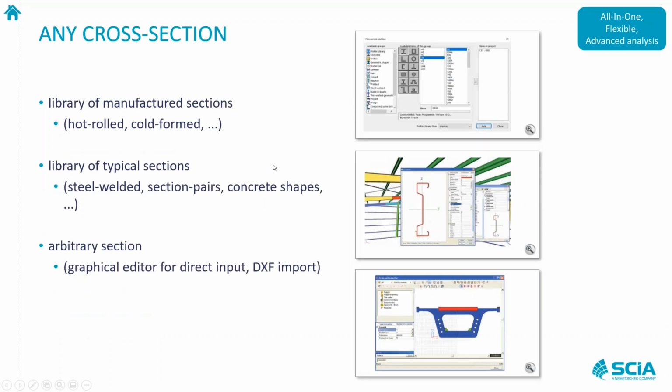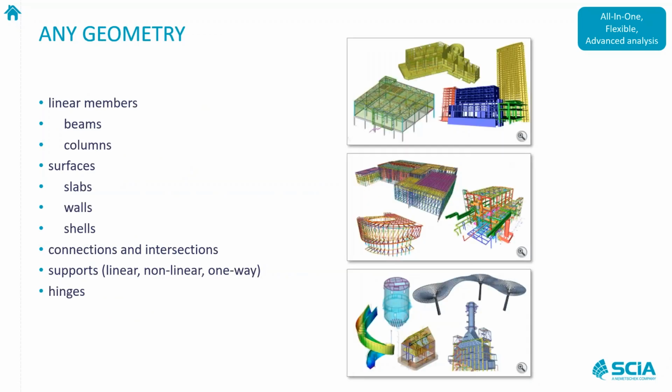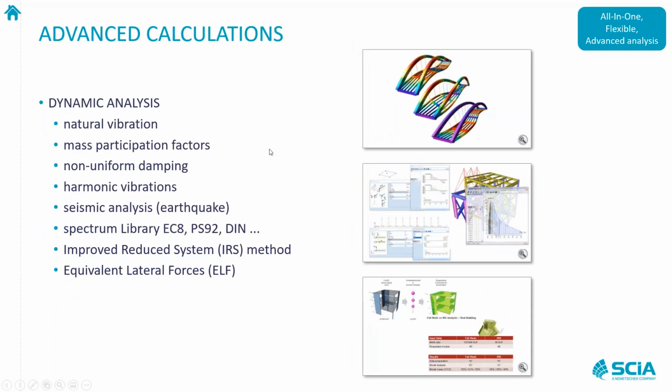We cover lots of cross sections, either from the library, or you can implement them yourself or import them from DXF or DWG. As I said before, the FEM analysis is done on 1D and 2D elements, and other than that, there is non-linear calculation, stability analysis, and dynamic analysis.